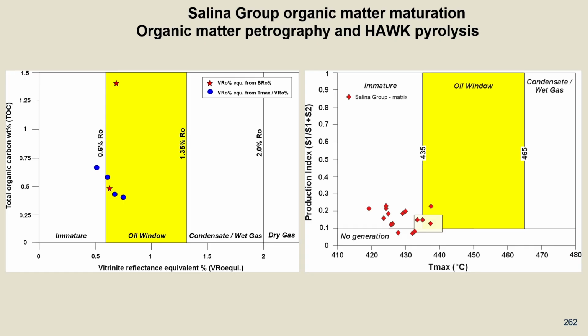They are in the oil window from both techniques, and this is an anomaly because the source rock, the organic matter rich Ordovician succession well below the Silurian units, is marginally in the oil window. So the presence of higher thermal conditions in the Salina indicates that some of the samples, not all of them, experienced higher temperature conditions, higher than normal burial temperature.